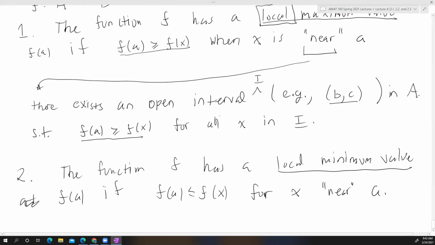It means that there exists an open interval in A such that f of A is less than f of x on that open interval.